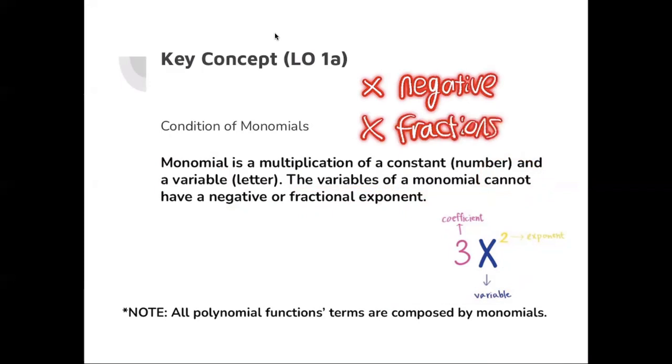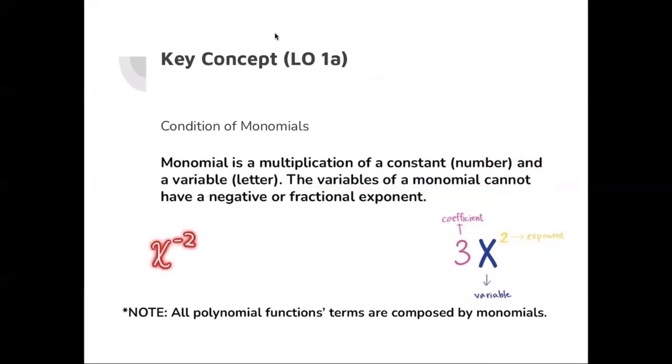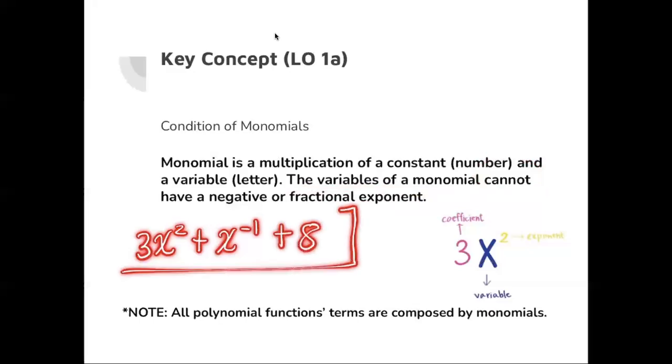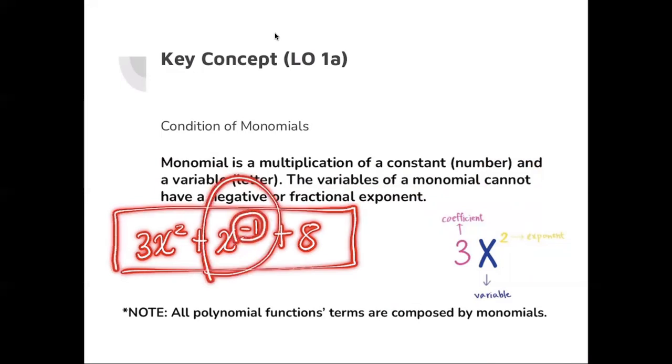So if you look at something like x to the power of -2, this is not a monomial. So if a polynomial has something like a negative exponent, that is not a polynomial. Something like 3x to the power of 2 plus x to the power of -1 plus 8. This is not a polynomial because this is not a monomial. Why? There's a negative exponent.